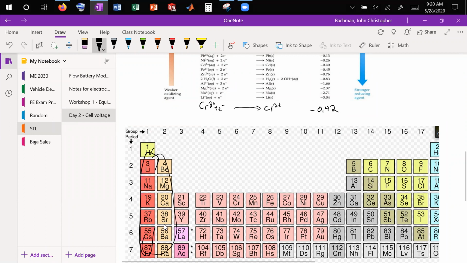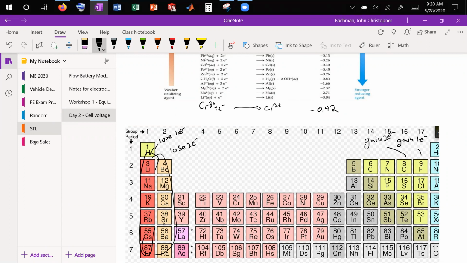So these ones will typically want to lose 1 electron, these ones will typically want to lose 2 electrons. These ones will want to gain 1 electron, and these ones will want to gain 2, right? Hopefully this isn't the first time you've been thinking about this on the periodic table.